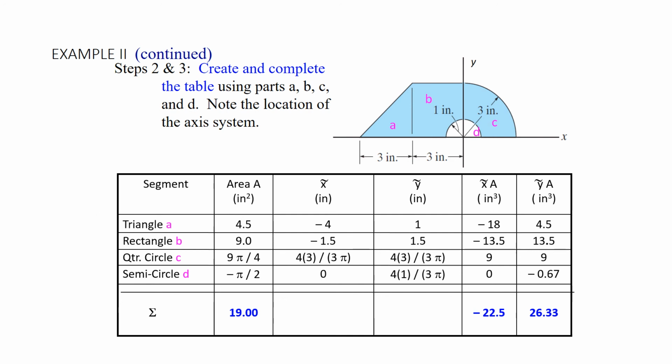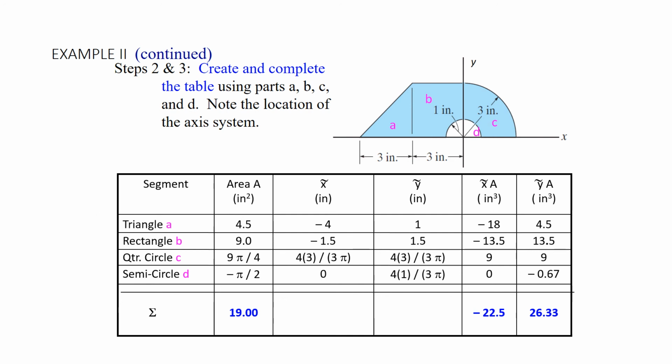For the rectangle B, let's do both x tilde and y tilde. B is not just a rectangle, it's actually a square that's 3 inches by 3 inches. So if we want to find out what x tilde is, we'll find that it's 1.5 inches to the left of the y-axis, so x tilde is minus 1.5, and it's 1.5 inches above the x-axis, so y tilde is also 1.5, but this time positive.